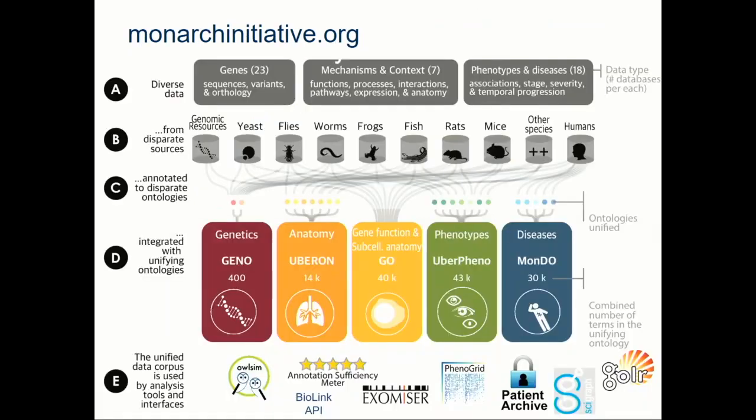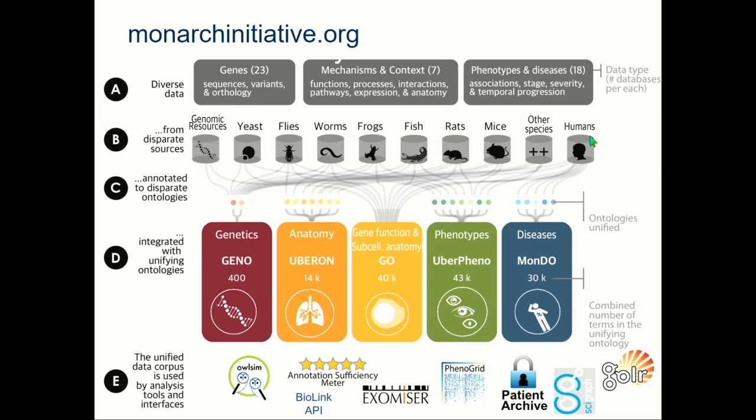I've just got one overview slide on Monarch. It's collecting data from a massive variety of sources. There are 23 different diverse sources of data based around genes, such as sequences, variants, and all the orthologs. There's lots of mechanistic and context data, such as pathways and functions, and 18 different types of phenotype and disease data, as well as the phenotype annotations, the severity, and the temporal progression.